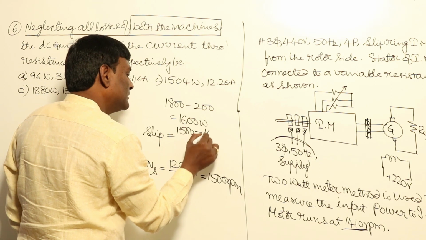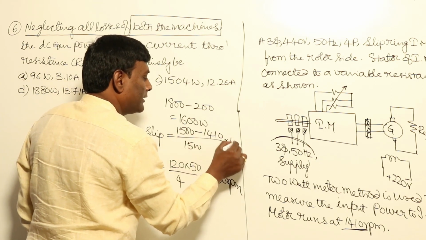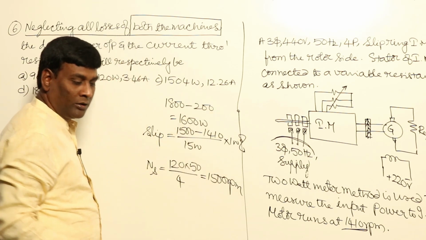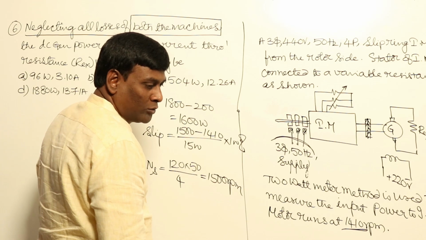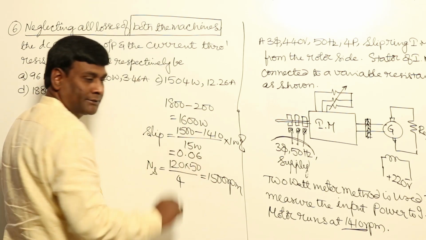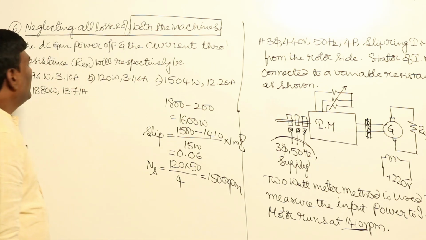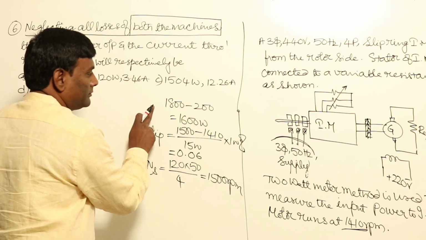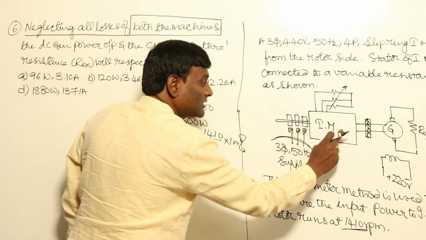So what is the slip now? 1500 minus 1410 divided by 1500, into 100%. You calculate the slip, and it comes to 0.06 or 6%. Slip is going to be 0.06. Now, let us think of power input, which is 1800 minus 200, 1600. What is the induction motor output?